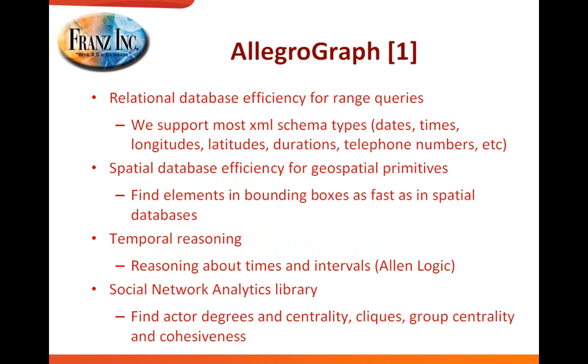Then something that makes AllegroGraph really unique is that we provide range queries in our triple store. Nearly all triple stores, and also our first triple store, basically store triples as pointers into dictionaries.